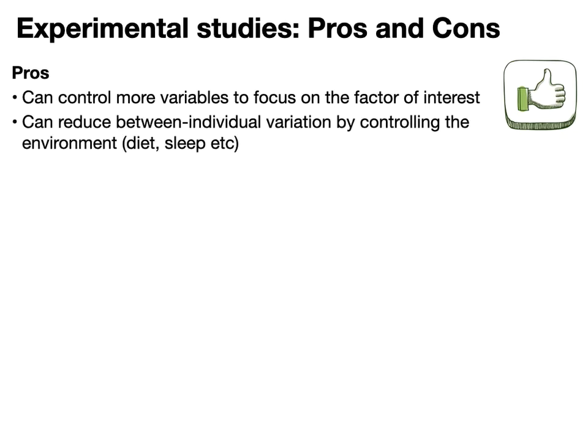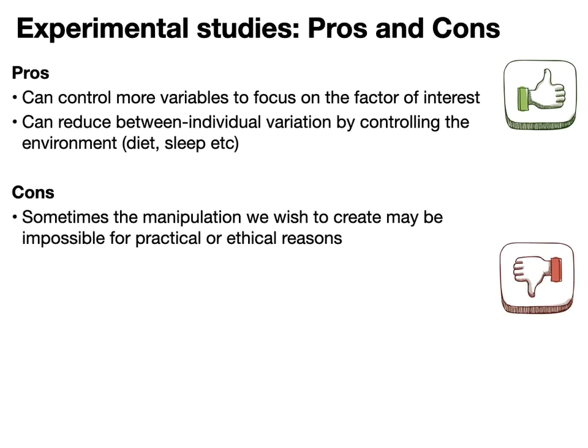Experiments often allow you to reduce variation in these other factors, for example, controlling the diet of your subjects, controlling how much sleep they get. Some drawbacks, though, are that sometimes the manipulation we wish to do might be impossible for practical or ethical reasons.